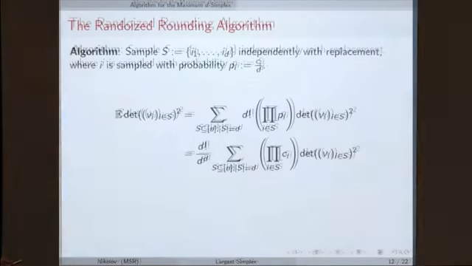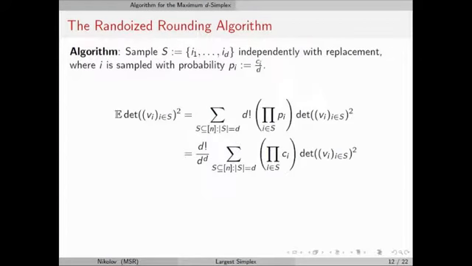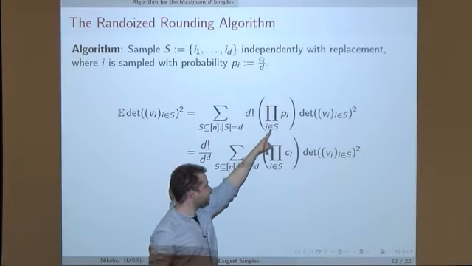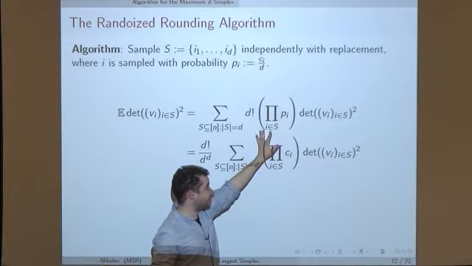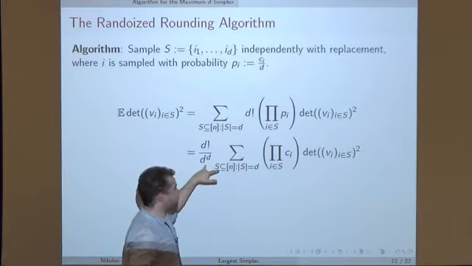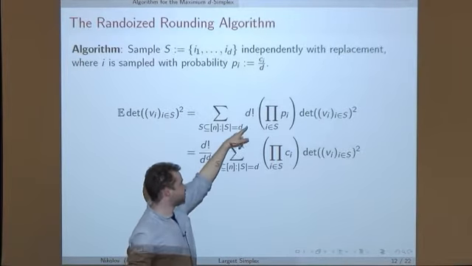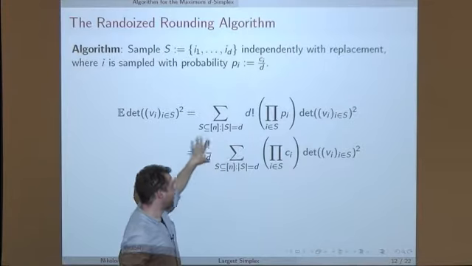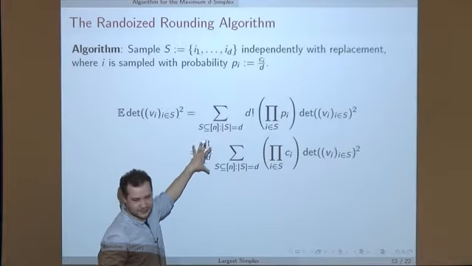A few more manipulations: again, pi is just ci over d, and all these sets are of size d, so this gives me a d to the d factor up front. There's also this d factorial that doesn't depend on S. So things that don't depend on S I've brought up front.